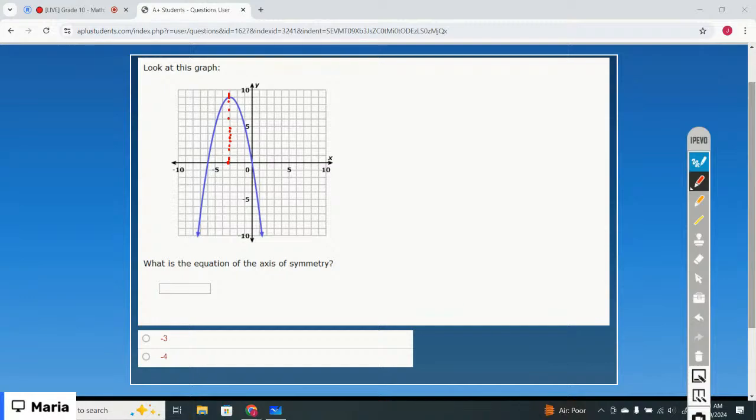Got it? So the correct option is option number 1, that is -3.